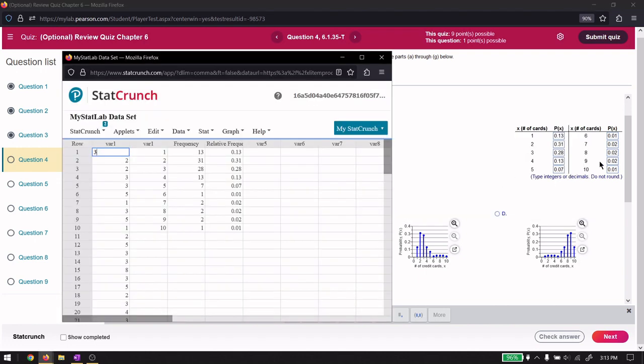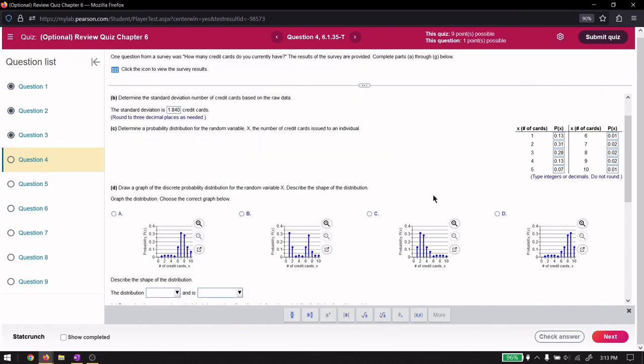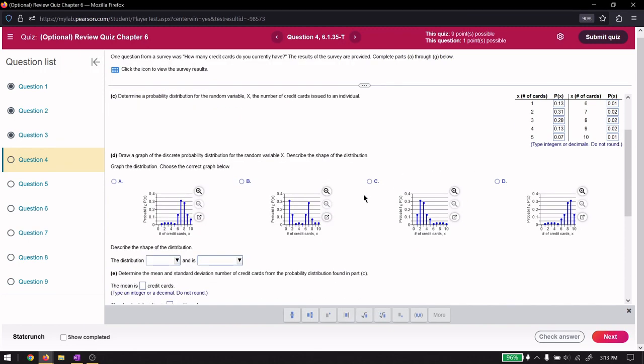And that, I believe, is correct. Yep. Okay. Now it wants us to graph this distribution and to see what we get.